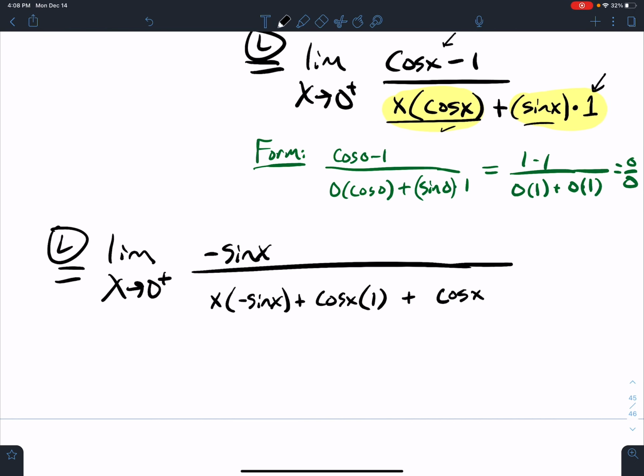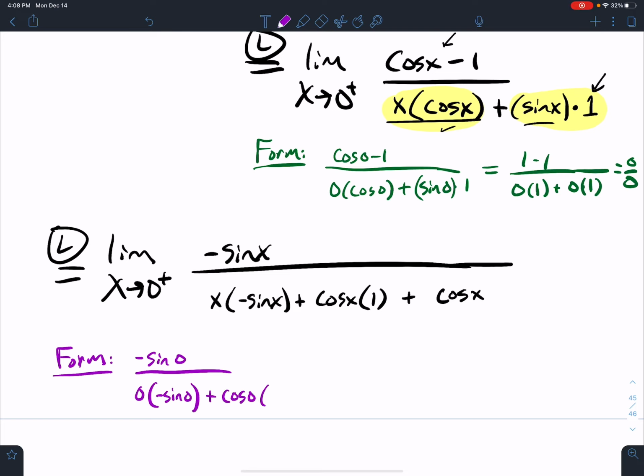All right, now I'm going to plug in 0 and just see what I get. Hopefully we're done with this, right? So that's going to be negative sine of 0 in the numerator, and 0 times negative sine 0 plus cosine 0 times 1 plus cosine 0.